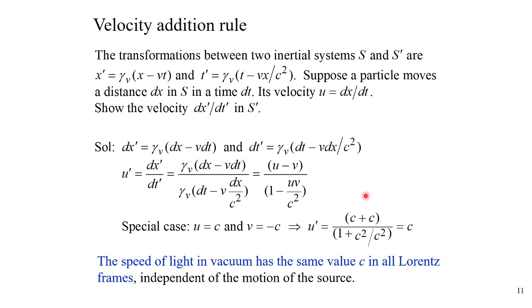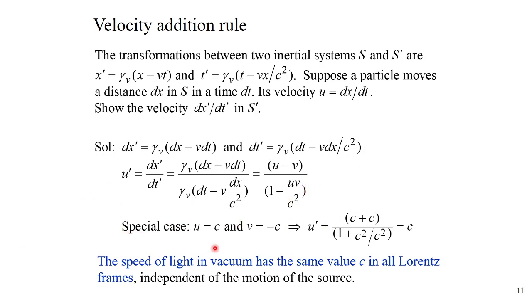If u and v are very, very small, for example, a few meters per second or a few centimeters per second, then these terms will be very small. So u prime will be equal to u minus v, the simplest case, Cartesian coordinates. But here, we use the Lorentz transformation.